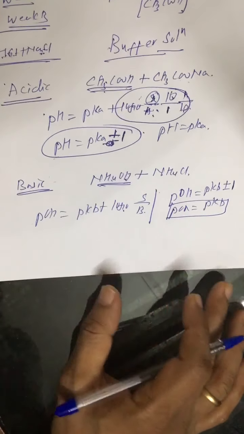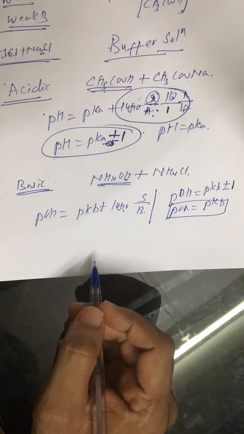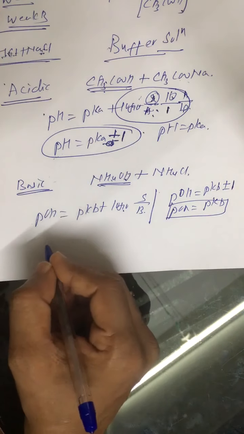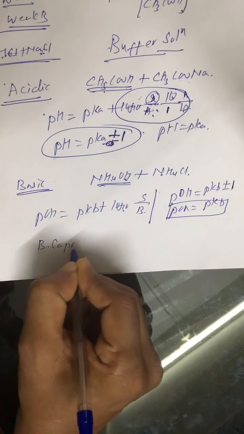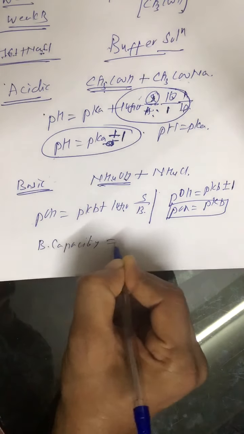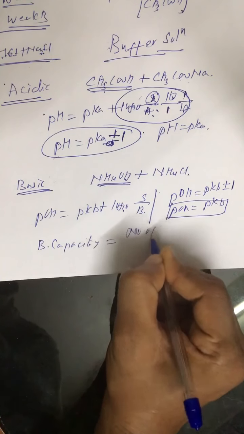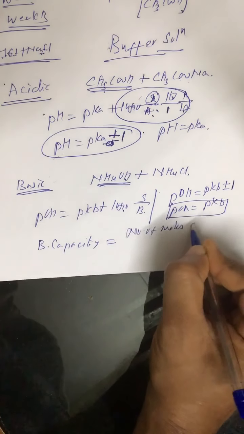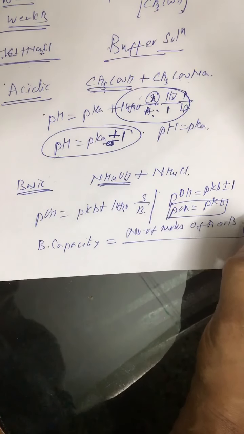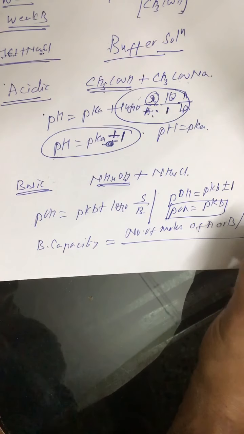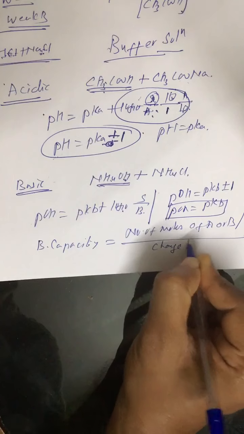Then comes buffer action. I told you it is based on common ion effect, and then comes buffer capacity. Buffer capacity is given by the number of moles of acid or base added per liter divided by the change in pH.